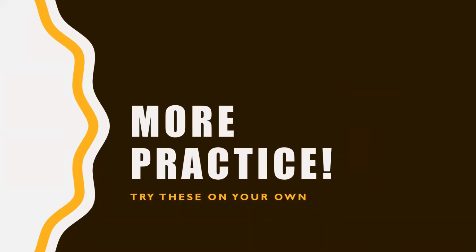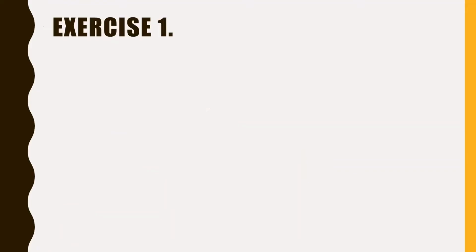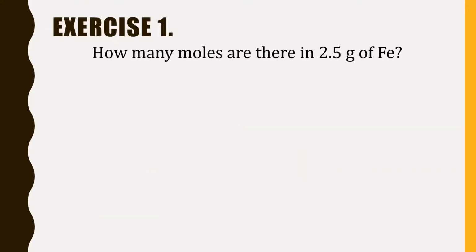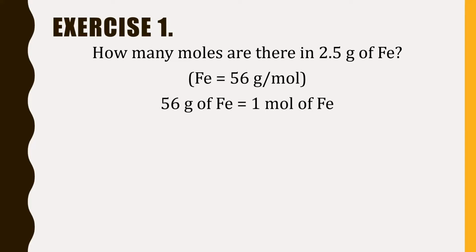This time, i-level up natin. Now, how many moles are there in 2.5 grams of iron? Ng mass. Paano kaya sasagutin to? Alam natin na for an iron, ang atomic weight niya ay 56 gram per mole. Ano ibig sabihin nito? For 56 grams of iron, meron kang 1 mole.